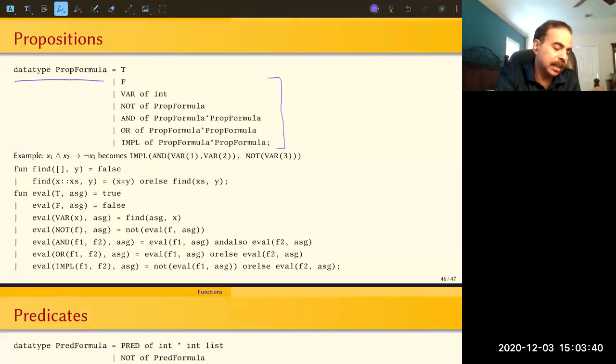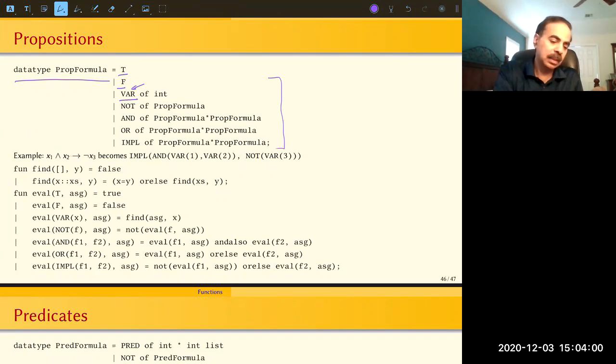And here is a data type definition which says that a propositional formula is either true or false, or it is a variable. Once again, var doesn't mean anything. It's just a way for us to represent something.